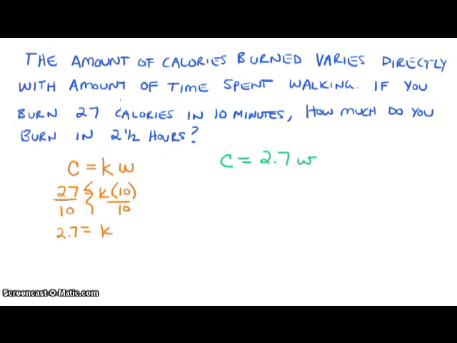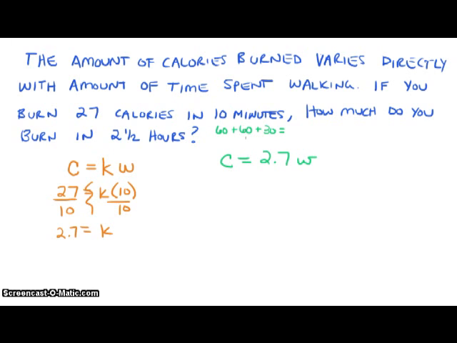Now the question's asking how many calories I burn if I walk for 2.5 hours. Well, we put our time here in minutes, so we need to put our time here in minutes. We can't just put 2.5 in there. So we have to figure out how many minutes are in 2.5 hours. Well, 1 hour is 60, 2 hours, and then a half hour is 30 minutes.